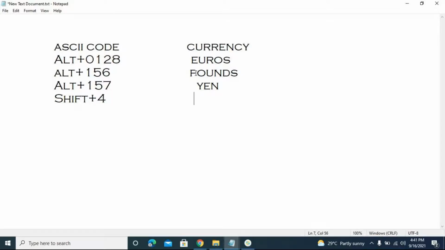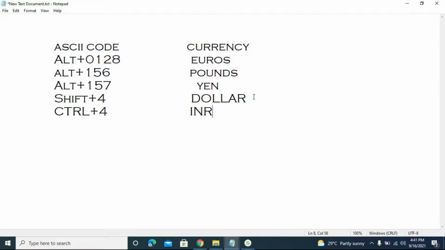This is for dollar. And the last one is for our Indian rupee. Okay. So we have euros, pounds, yen, dollar, and the INR.